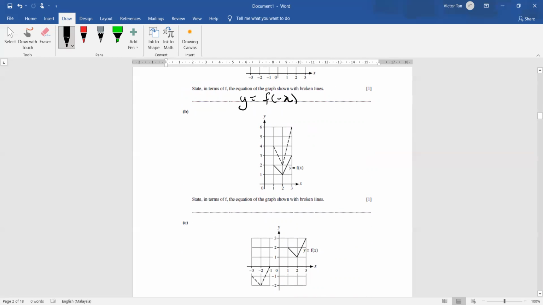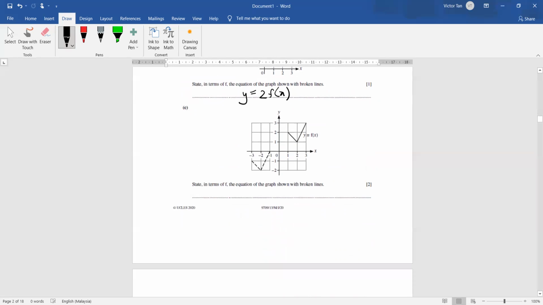This is a vertical stretch, invariant line the x-axis, scale factor 2. So this is y equals 2f(x).